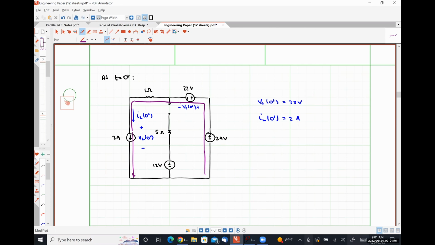Starting at the bottom right-hand corner, I have negative 24 volts plus 22 volts plus 1 ohm times 2 amps plus VL at 0 plus is equal to 0. So VL at 0 plus is equal to 24 volts minus 22 volts minus 2 volts, or 0 volts.